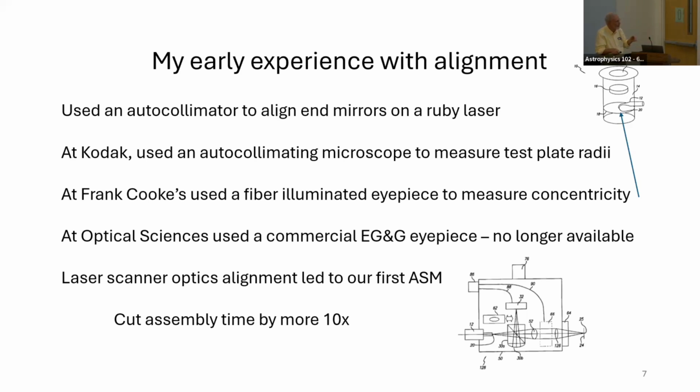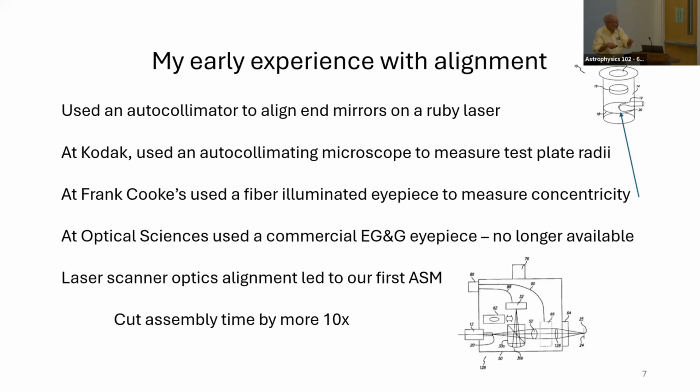The chief metrologist there built this eyepiece where he took an optical fiber preform, drew it out, bent it in just an alcohol flame, and put it in this eyepiece.